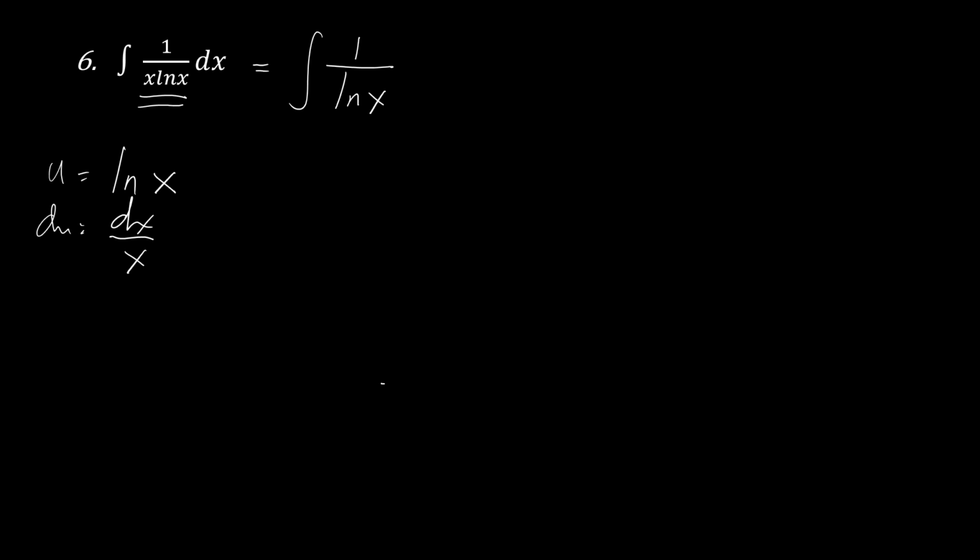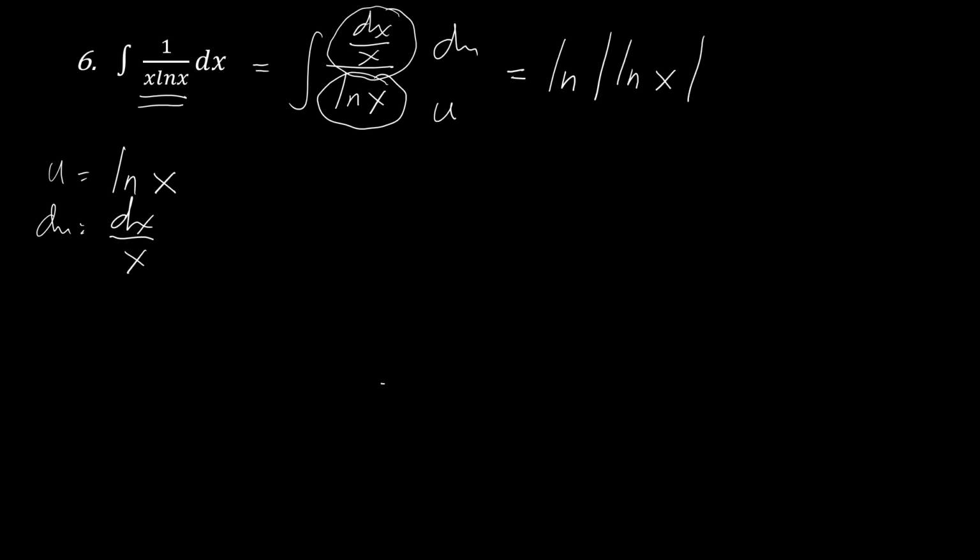So let me write this as, yes, dx all over x. So this one is du, ln x is our u. So the integral of du over u is the ln of the absolute value of u, which is ln of x, plus the constant c.